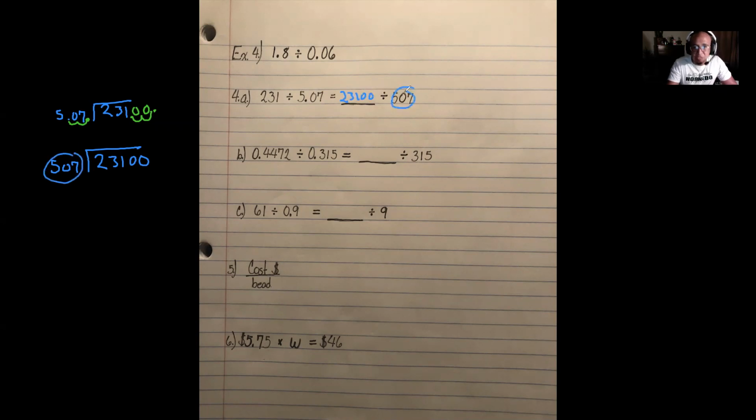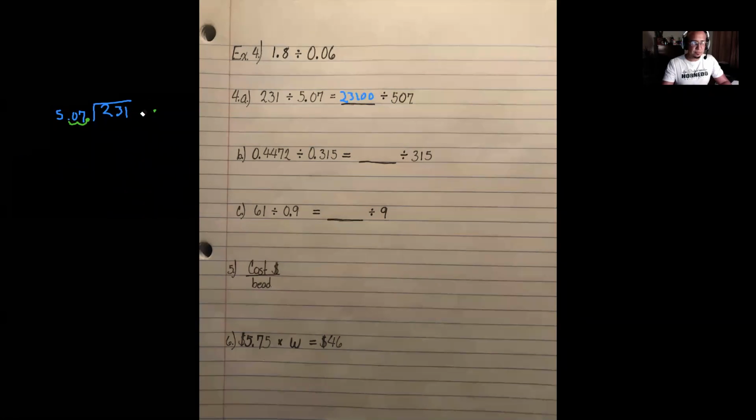Notice how that is 507 over here as well. Okay, so that's all we're doing. We're just putting it into this form, getting rid of the decimal, and whatever number was on the inside is now on the inside, that's the number that's going to go there. Let us do the next one, and I think it's going to make a little bit more sense.